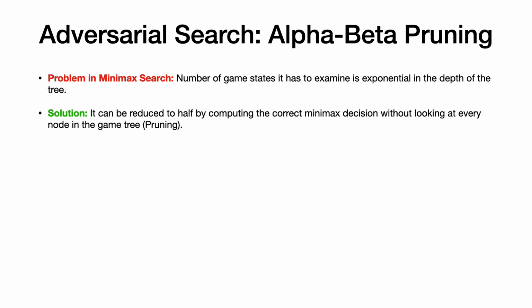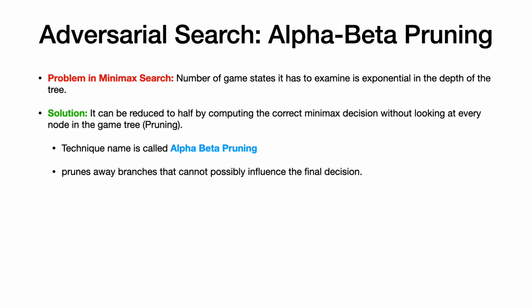Sometimes some nodes need not be pursued or examined because of the conditions they have. We will exploit that to reduce the number of computations, and this technique is called alpha beta pruning, where it prunes away branches that cannot possibly influence the final decision.